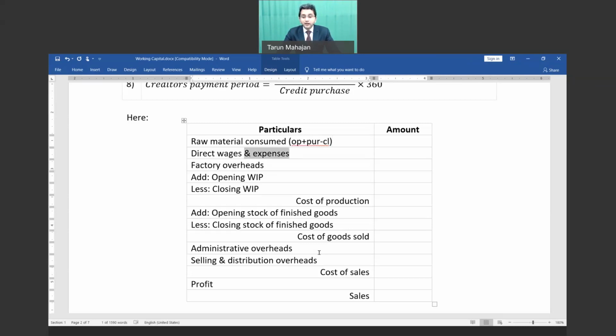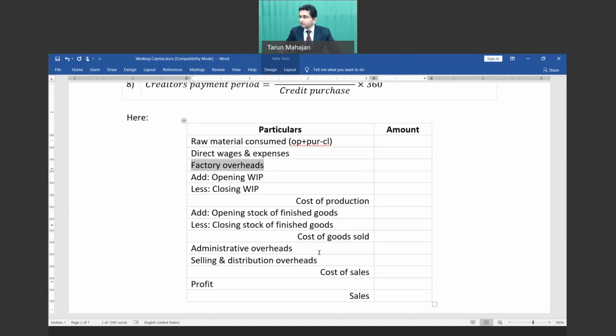Then you add direct wages and expenses, which is named as prime cost, but we are not concerned what is prime cost. Then you add factory overheads. Factory overhead includes factory related administrative overhead also. So that is kind of factory overhead.